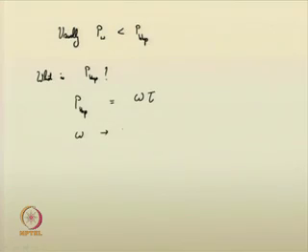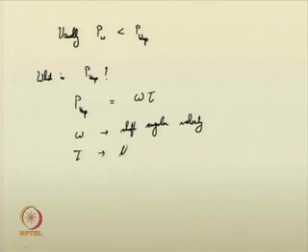I can suggest omega as the shaft angular velocity. Tau can be given as the shaft torque. In our earlier lectures, in some of the modules, we have used tau for shear stress.